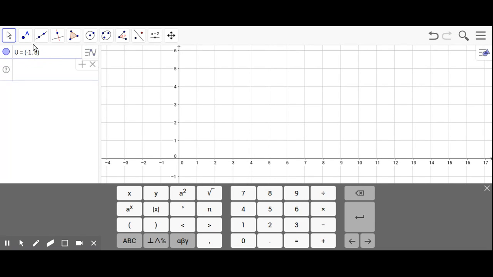So I just plot it in like that. Our next point V is equal to 6, 10. Our next point W is equal to 4, 3. And the last point X is equal to -4, 0.